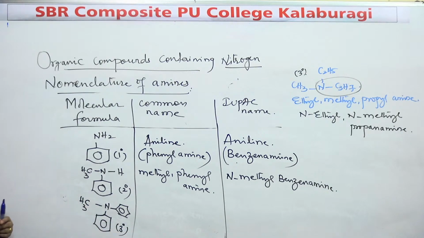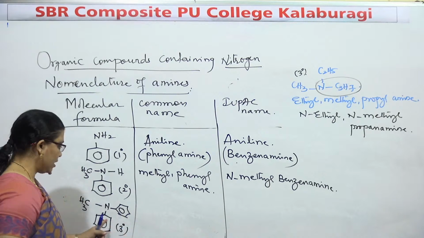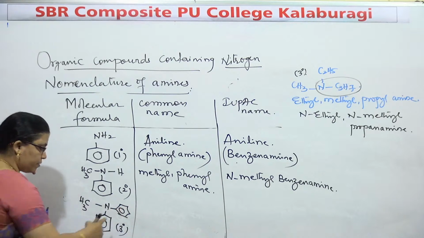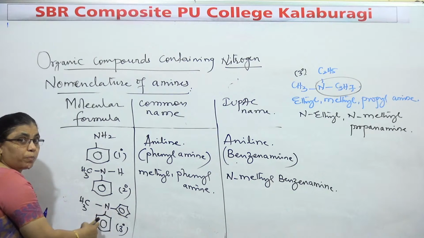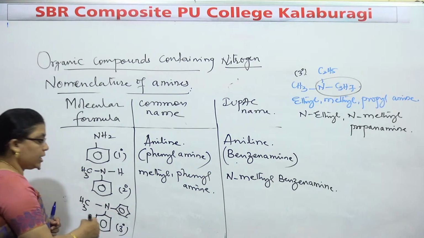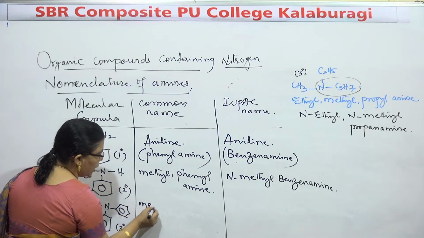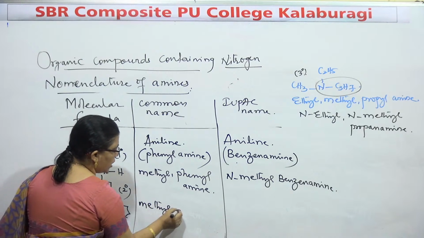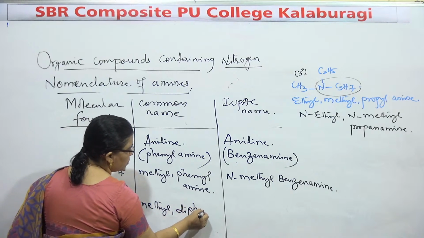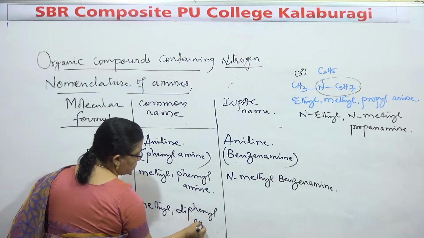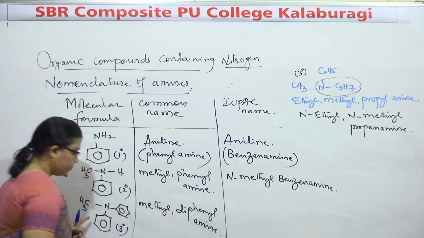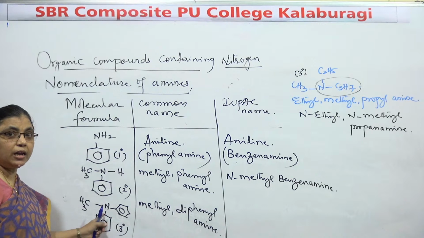According to the common system, there are two phenyl groups and a methyl, so we call it methyl diphenyl amine.